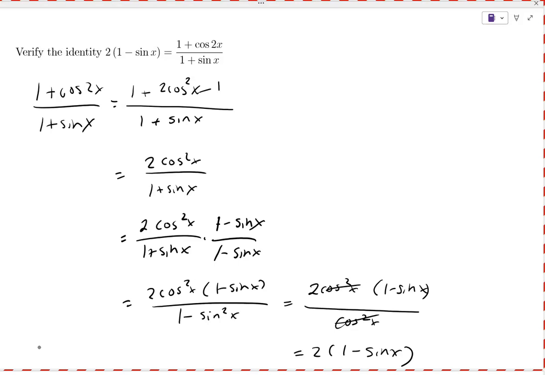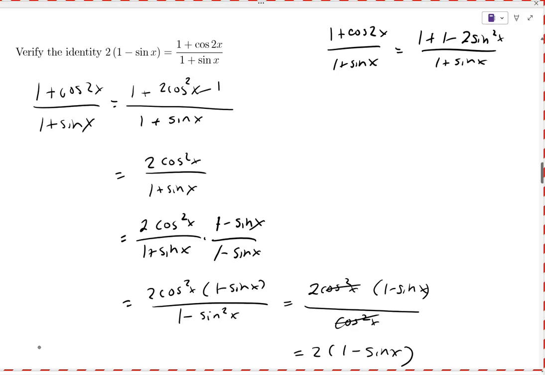Anybody else approach it differently? Did you plug in something other than cosine of 2x in the top? Yeah, okay, you can do it that way too. What if instead you plugged in 1 minus 2 sine squared x for your cosine of 2x?